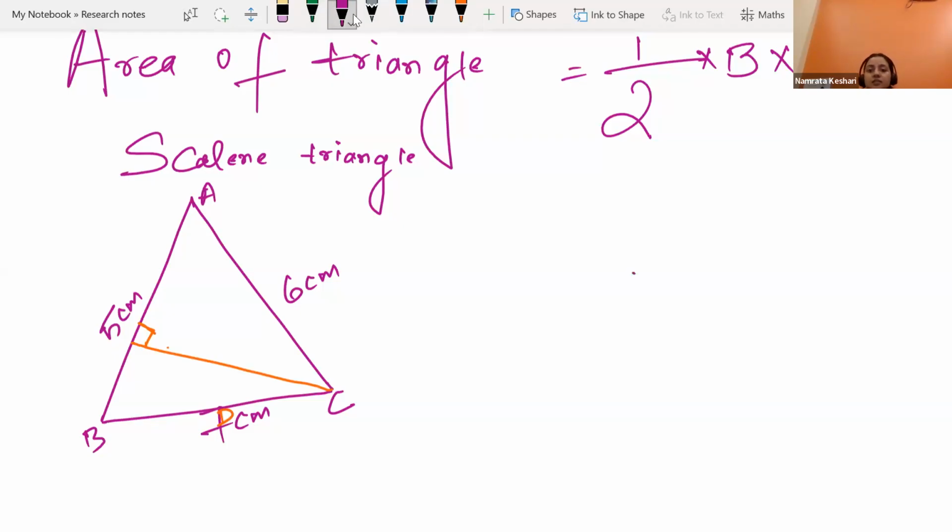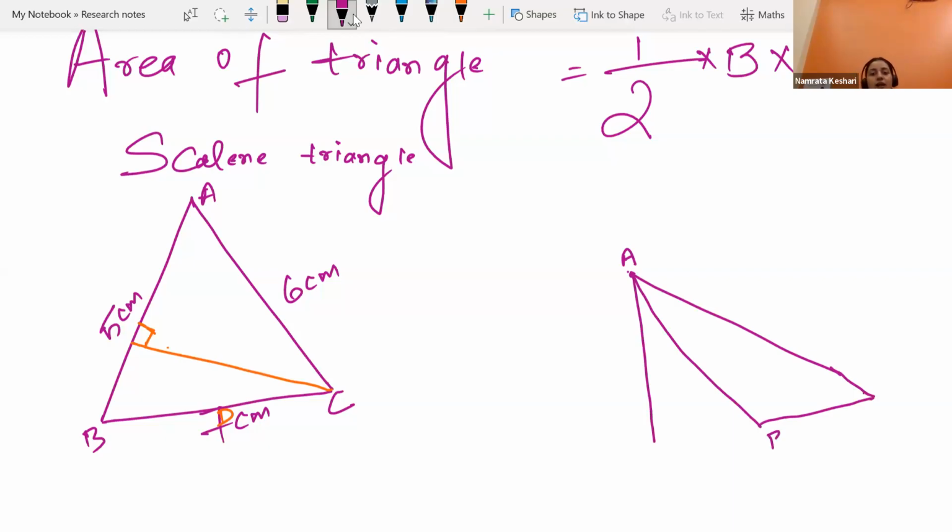There exists such a triangle, which looks like this, where if you try dropping the perpendicular from the vertex A, your perpendicular will look like this. If this is a triangle ABC, your perpendicular will look like this. Now, if you ask whether it is a height, I will say yes, it is a height. And what is the base? Base is BC. Such a triangle also exists.